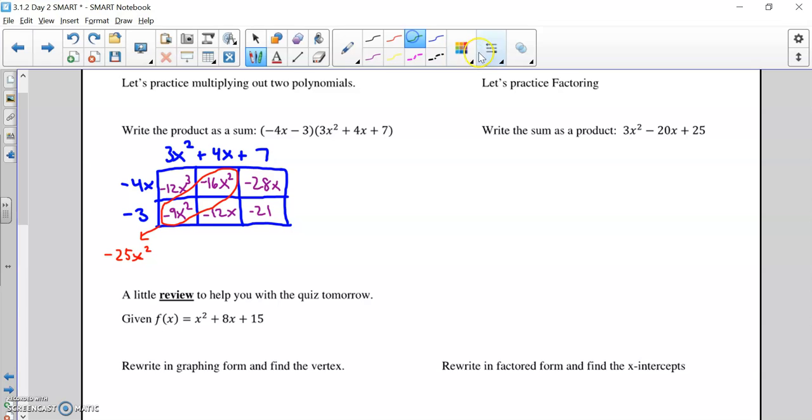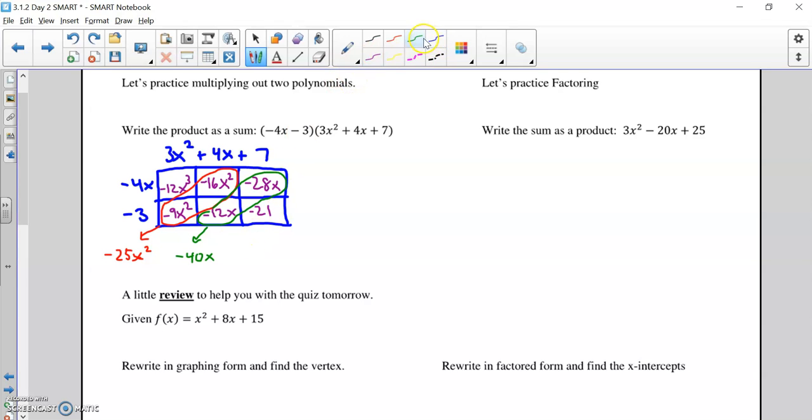And we also can add the two x terms. And those are going to give us negative 12 plus negative 28. That's going to give us a negative 40x when we add those together.